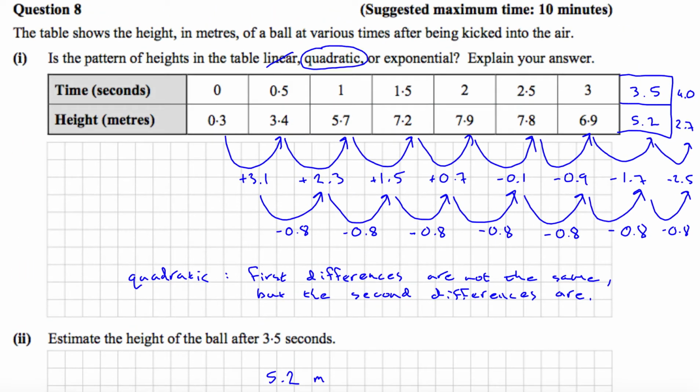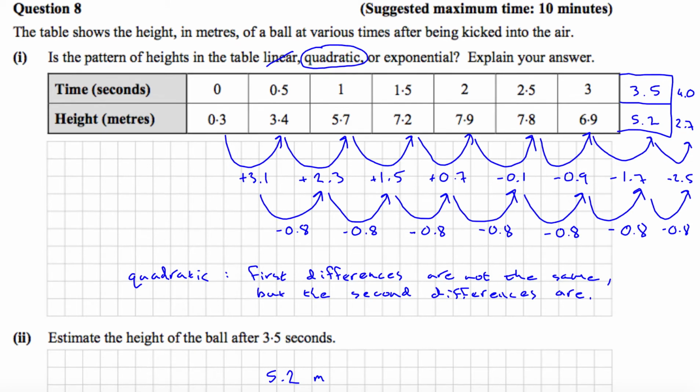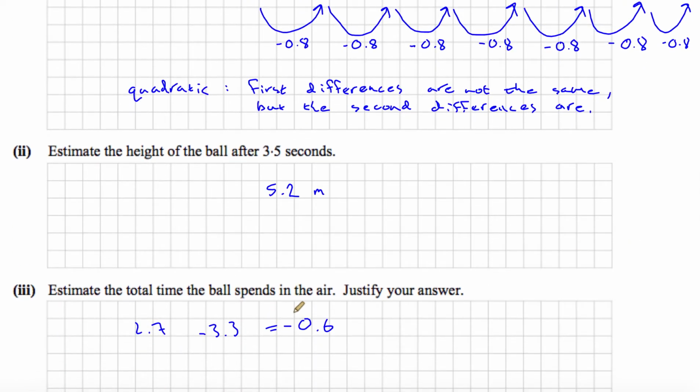So that would be the next column on, which would be 4.5 seconds, and we're into a negative height after 4.5 seconds. So an estimate then would be just before 4.5 seconds. It's just below at 4.5 seconds. So we might say something like, for our estimate, 4.4 seconds.